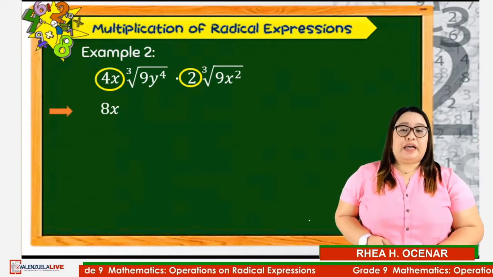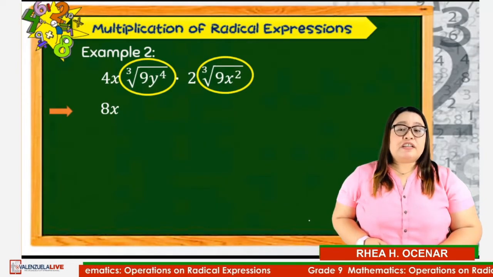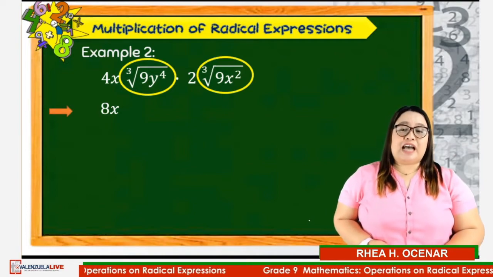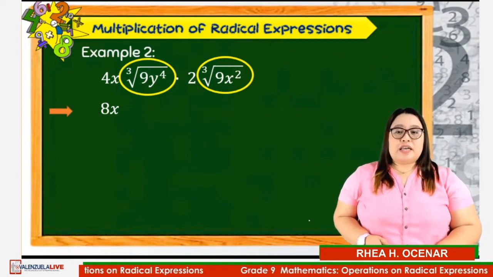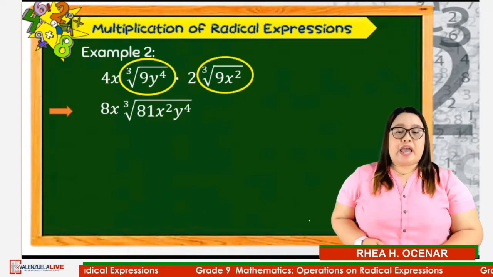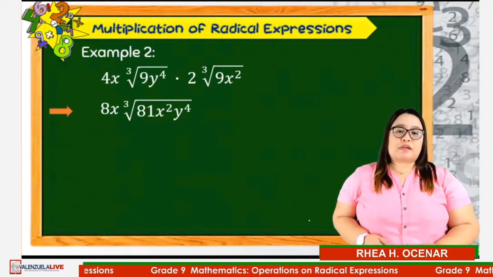Then multiply the two radicals. Cube root of 9y raised to 4 times cube root of 9x squared is equal to cube root of 81x squared y raised to 4.